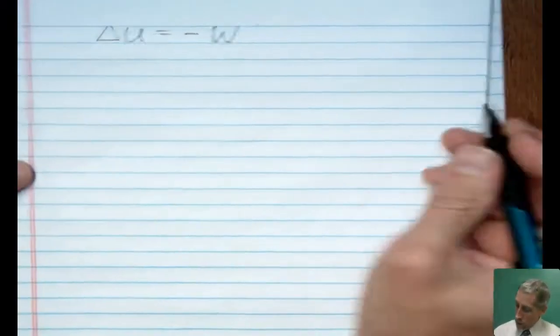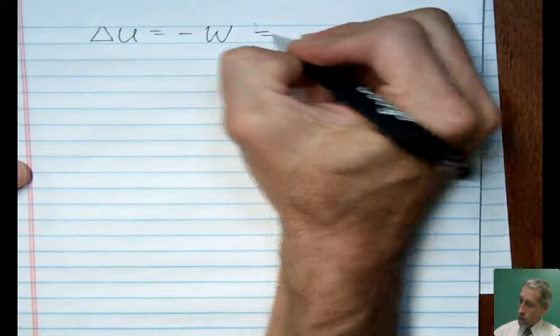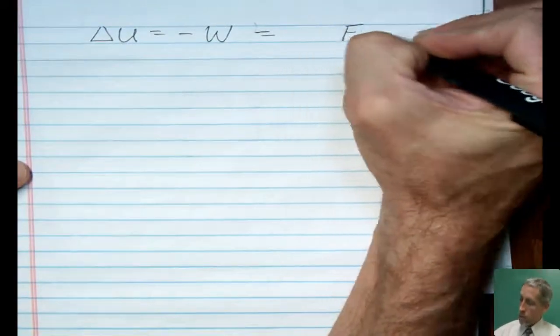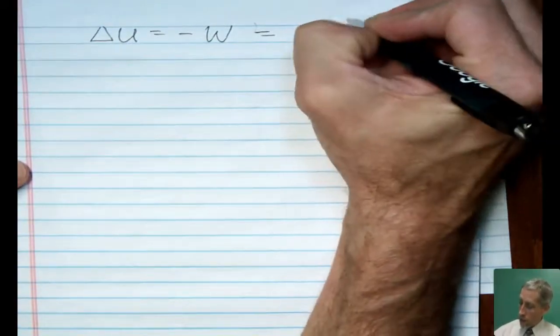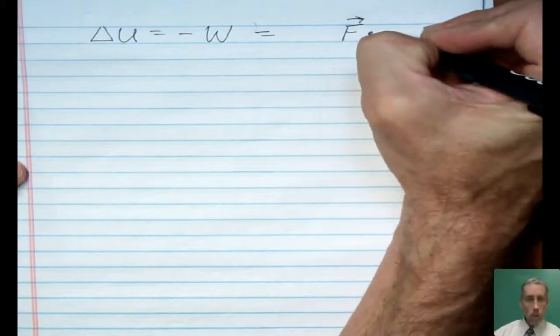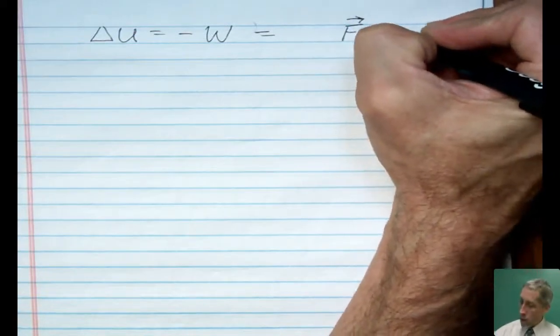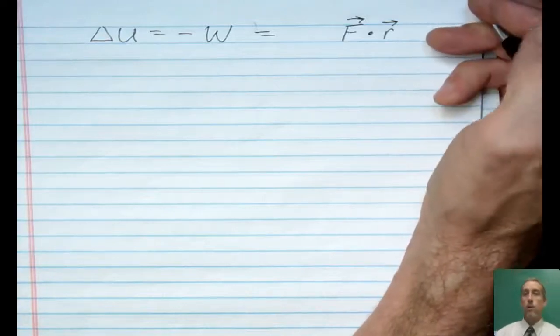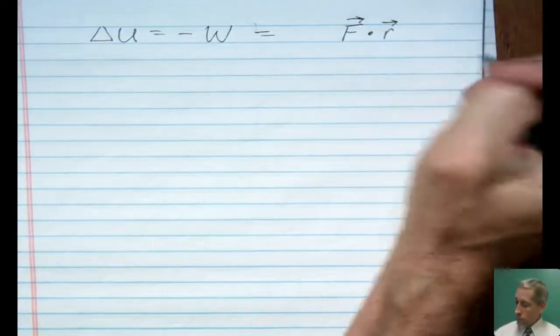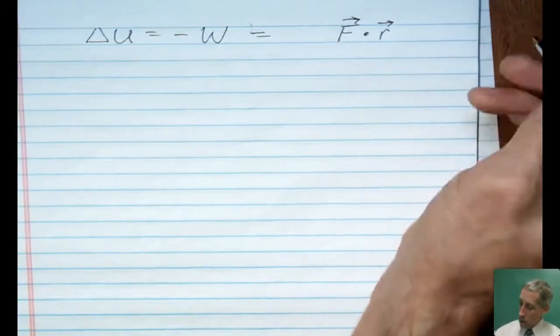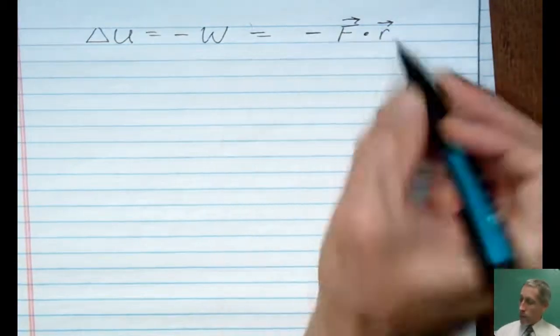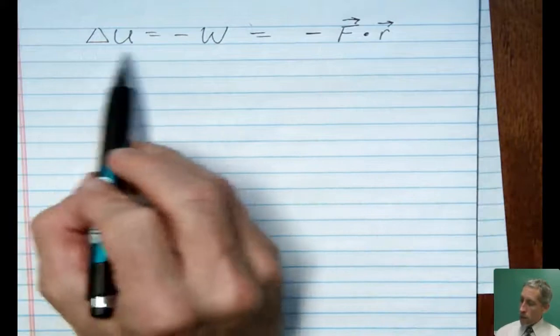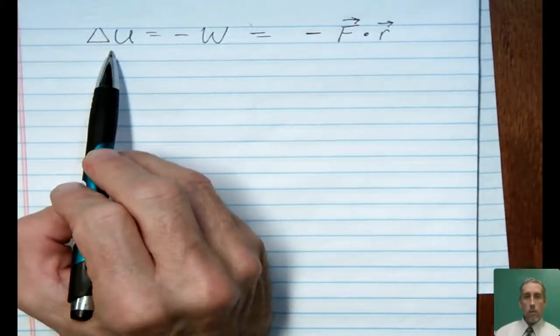Work was force multiplied, or technically dotted with, some displacement. Now I'm going to use the generic symbol R here. It could be horizontal, which we usually mean X, or if it's vertical motion, we usually use Y. But I'm just going to use the generic symbol R. So if I put the negative on there, now I've got a way of describing the change in potential energy.